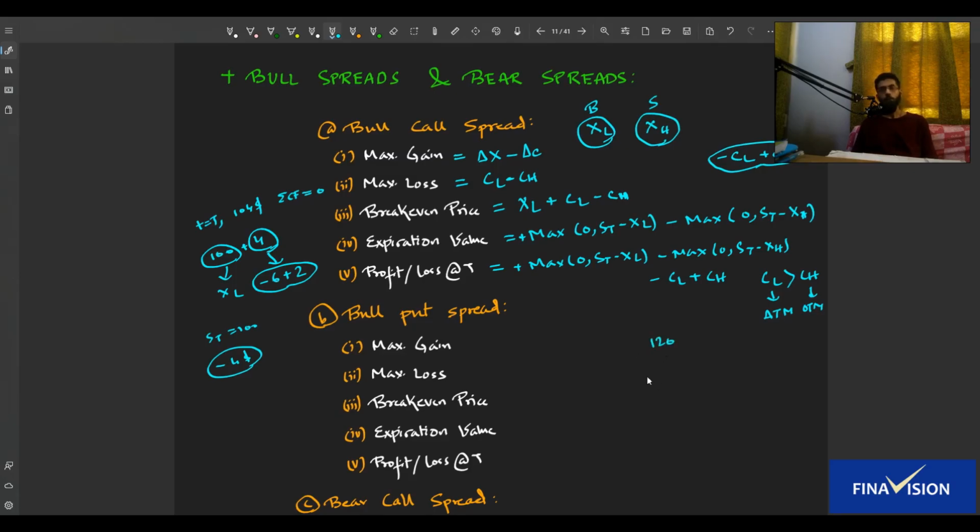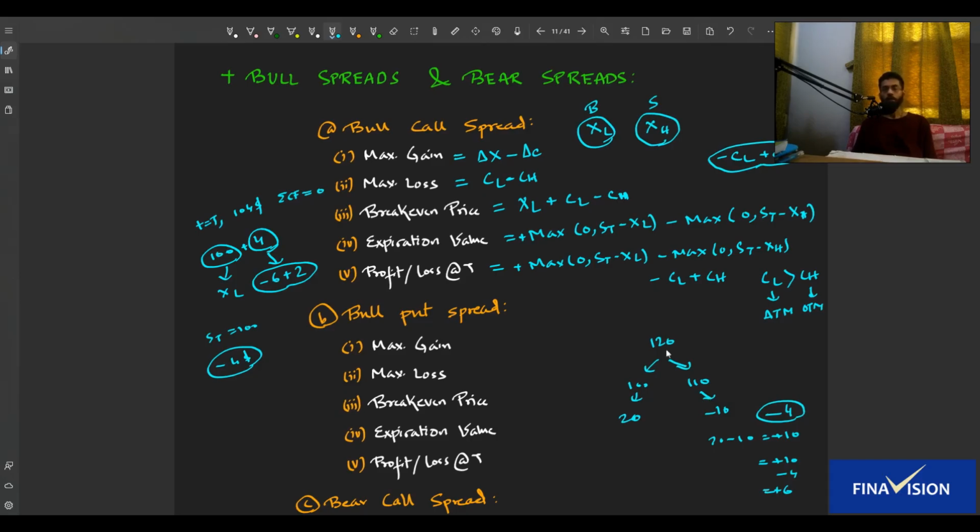In that case, the option that we bought at 100 will give us a return of 20, right? And the option that we sold at 110 will give us a negative return of minus 10. So the net return is 20 minus 10 or plus 10. But initially we had paid minus 4. So the cash net maximum gain is equal to plus 10 minus 4. This is equal to 6, plus 6.